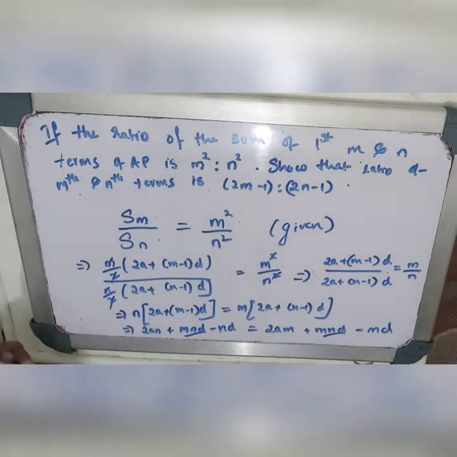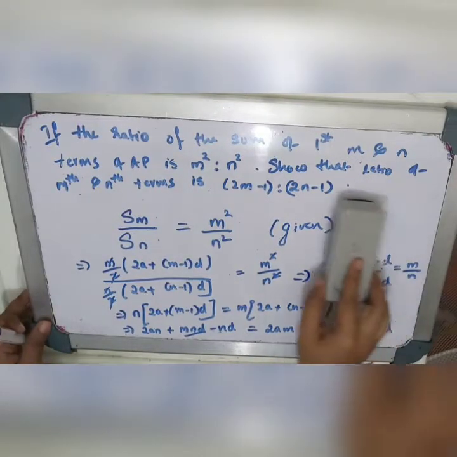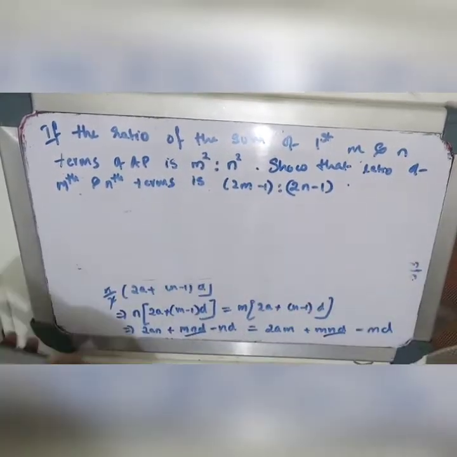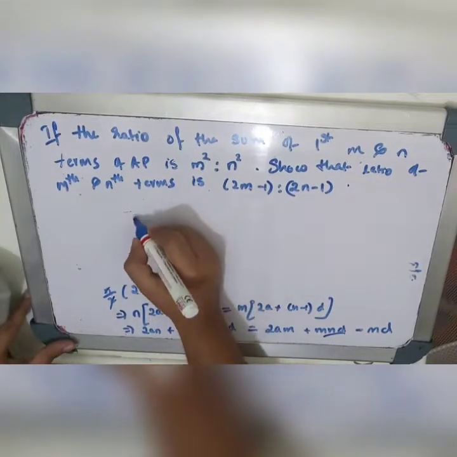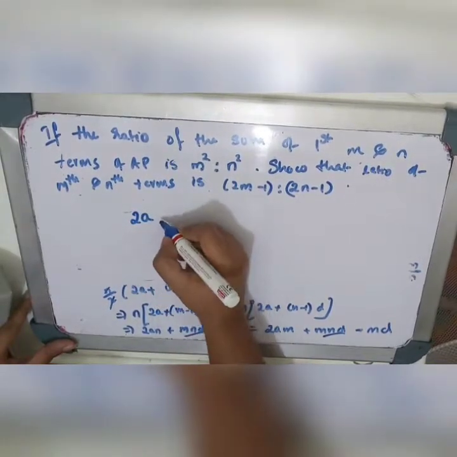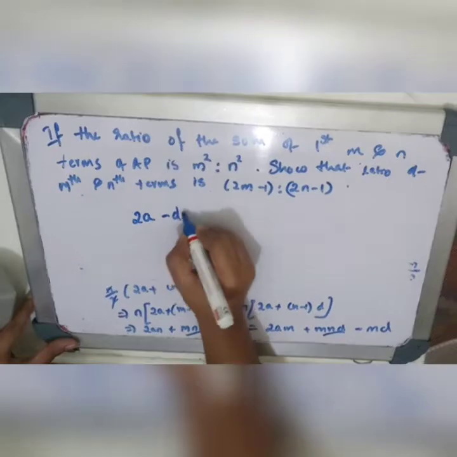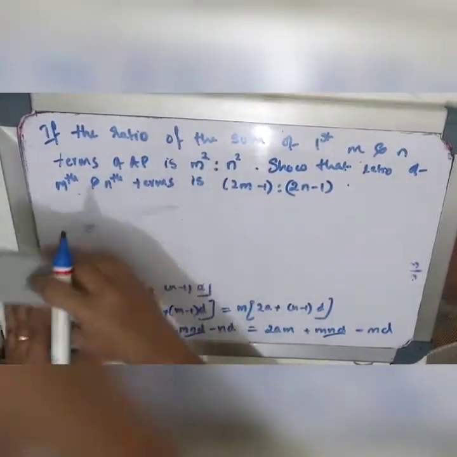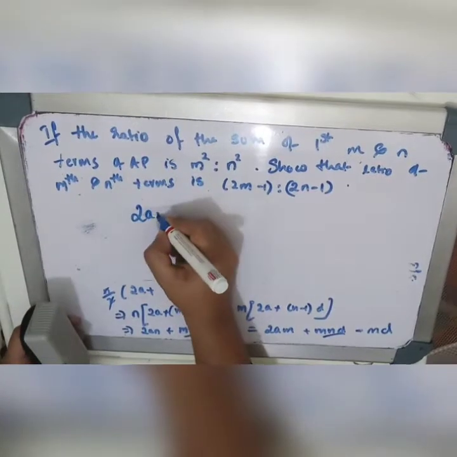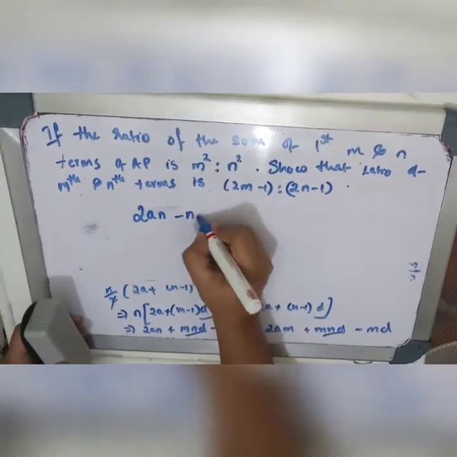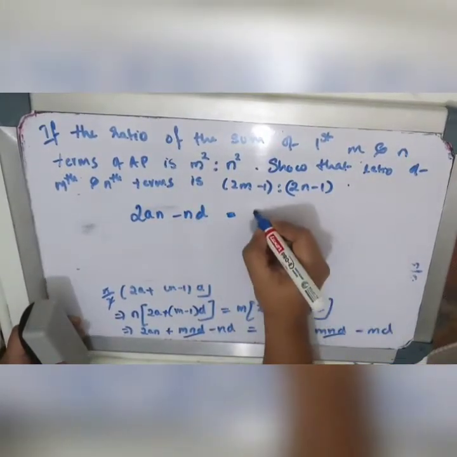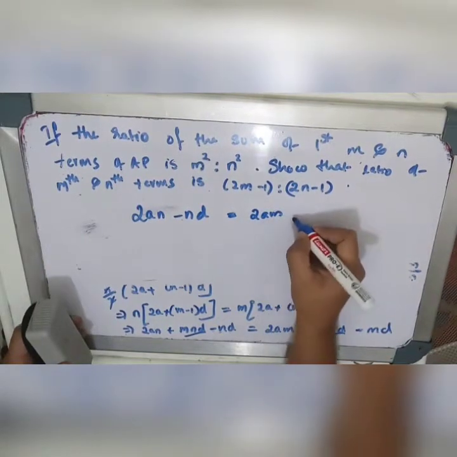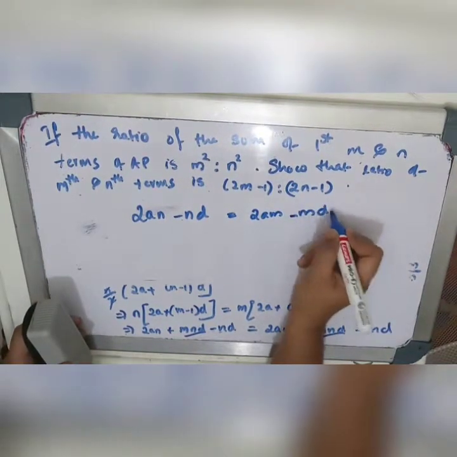So let's write 2an minus nd is equal to 2am minus md.